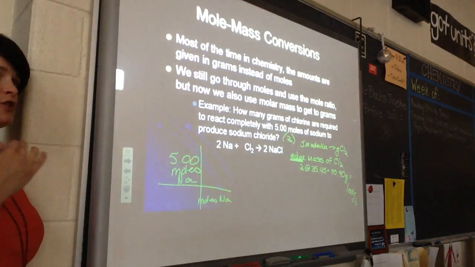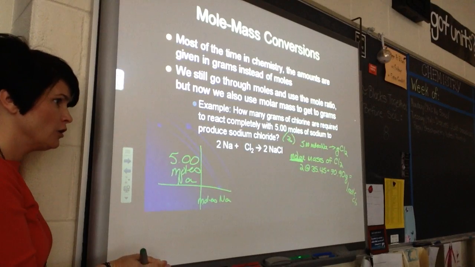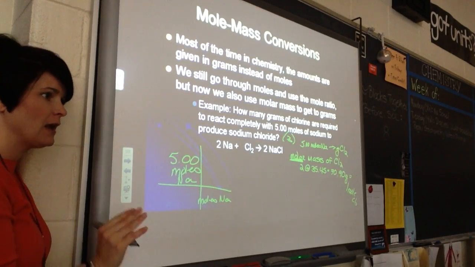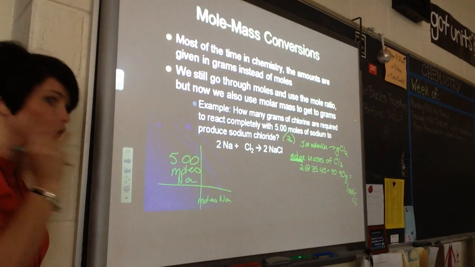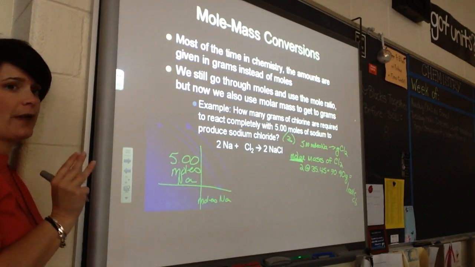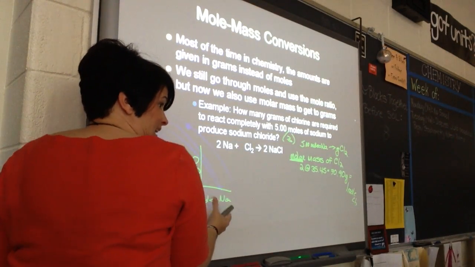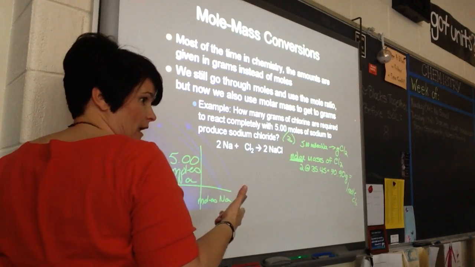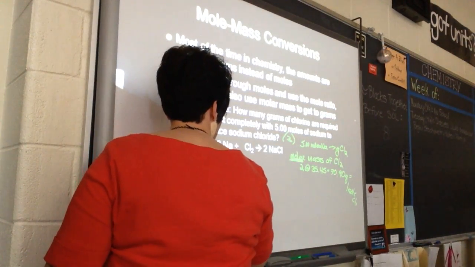The only way to convert between two totally different substances is to go through the mole ratio, exactly what we did yesterday. And the mole ratio comes from the balanced equation. So, moles Na, I need to get to talk about chlorine. We're going to do exactly what we did yesterday.